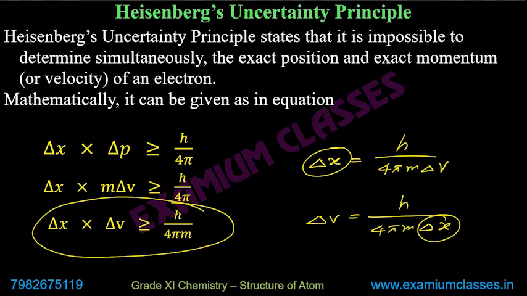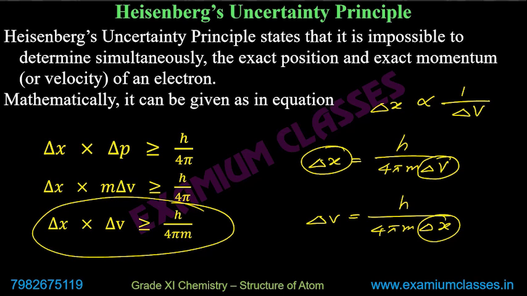If you want to make delta v 10 to the power minus 30, delta x will be very high. We will explain it through an example. I hope that mathematically you can understand that if this is very low, this is very high, because these are inversely proportional. Is that clear? Why is it not possible?